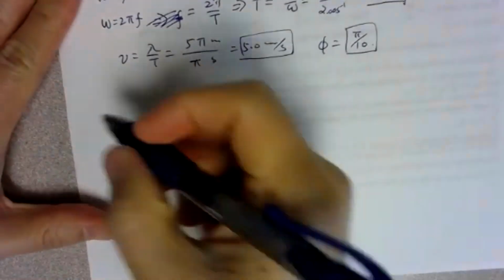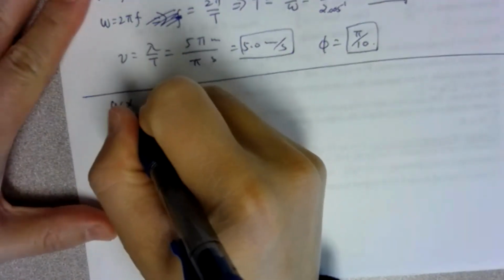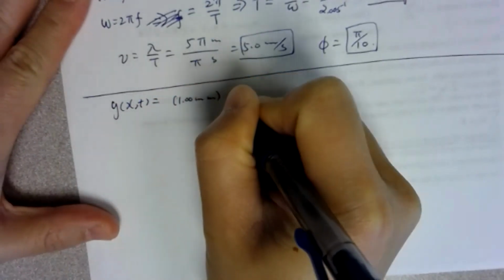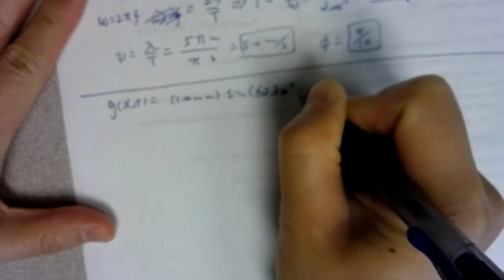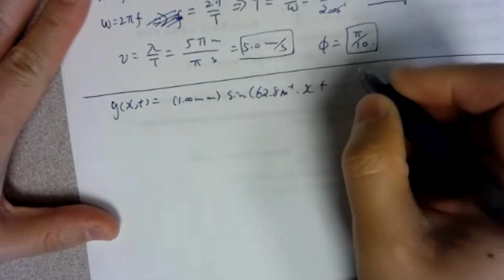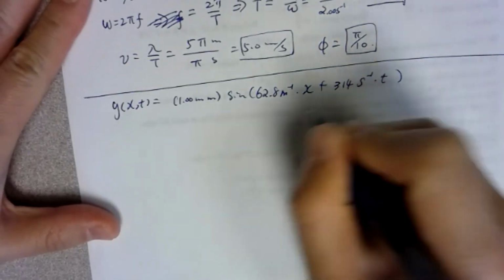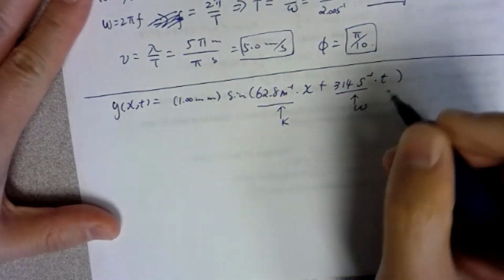We'll first write down the wave equation that's given to us: y(x,t) equals 1.00 millimeter times sine of 62.8 meters inverse times x plus 314 second inverse times t. So this is k, and this is my omega.